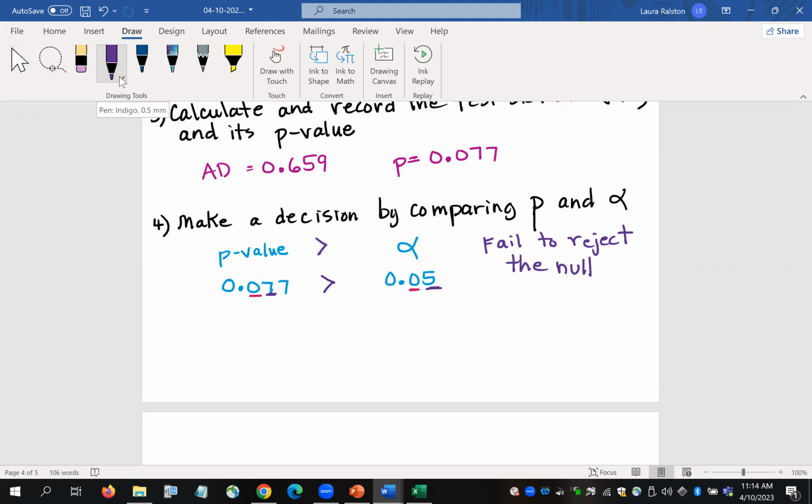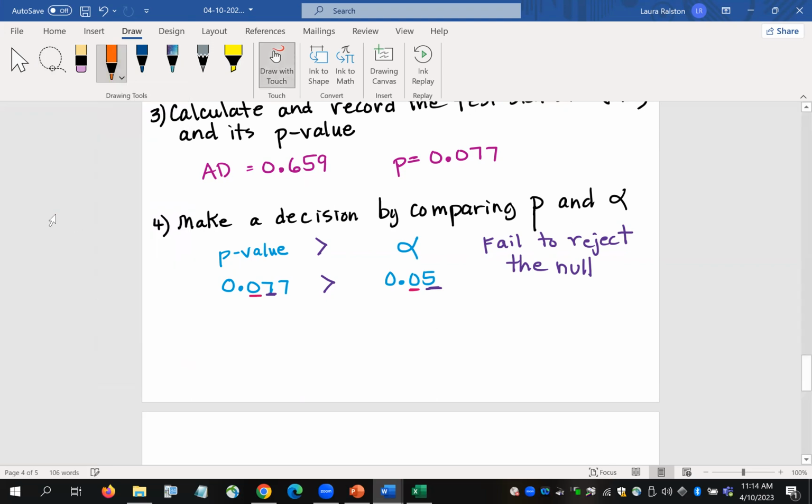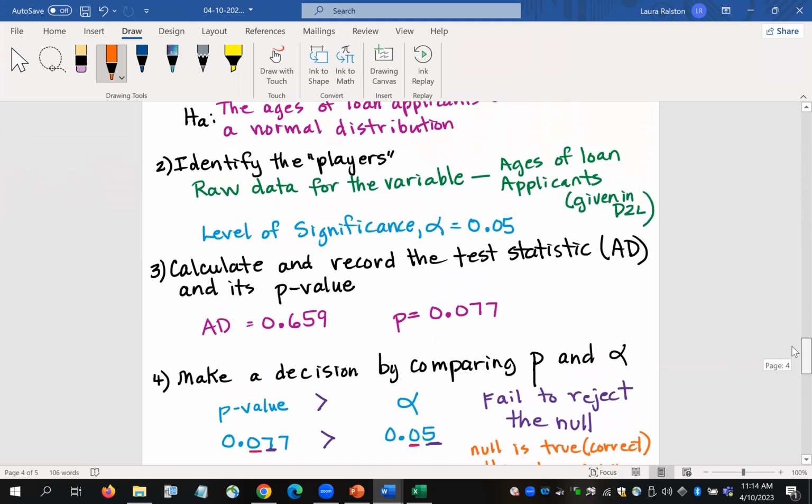You have to write that phrase. But now what does that mean? If I fail to reject the null, that means the null is true or correct based on the evidence we have, and the alternative is wrong. So again, I'm going back up here to make a note next to the hypotheses.